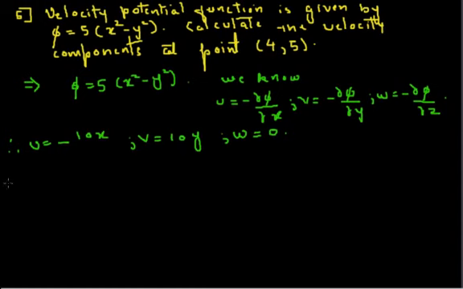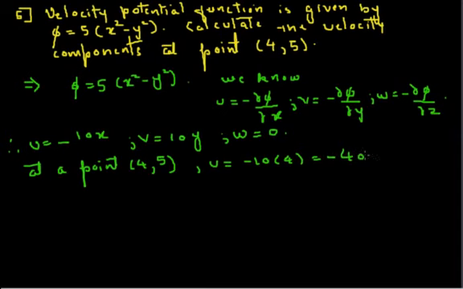Now at point 4, 5, u will be equal to minus 10, x is 4, so it is minus 40 units, and v is equal to 10y, that is 10 into 5, so it is 50 units.